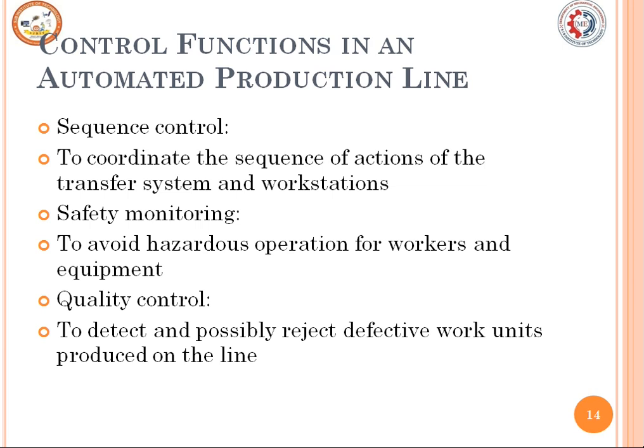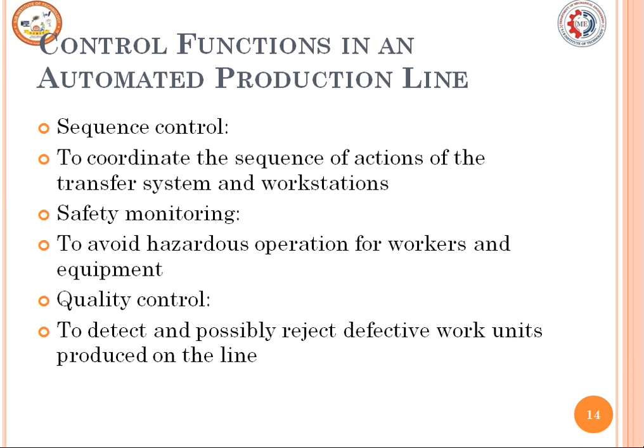Control functions in an automated production line. First is sequence control, second is safety monitoring, third is quality control. In sequence control, the sequence of action of the transfer system and workstations is managed so that the operations and the process are carried out at the required rate.